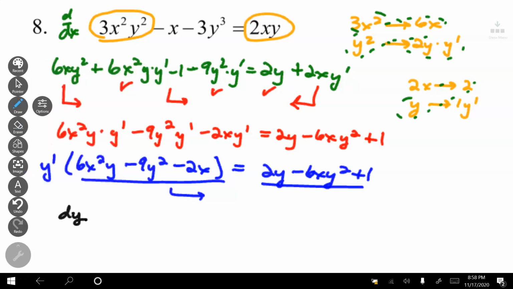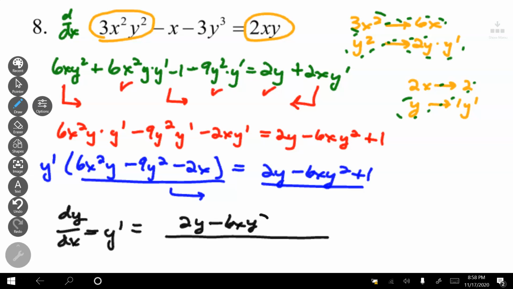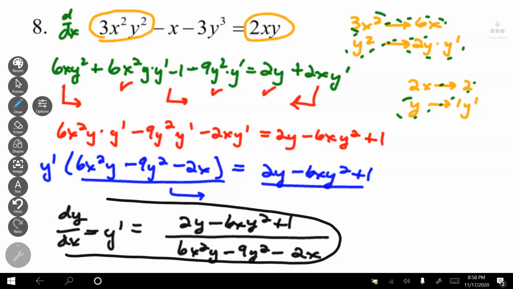I get my dy over dx, or y prime, is equal to 2y minus 6xy squared plus 1 over 6x squared y minus 9y squared minus 2x. And that's a big, long derivative with fractions. Okay, ask questions.